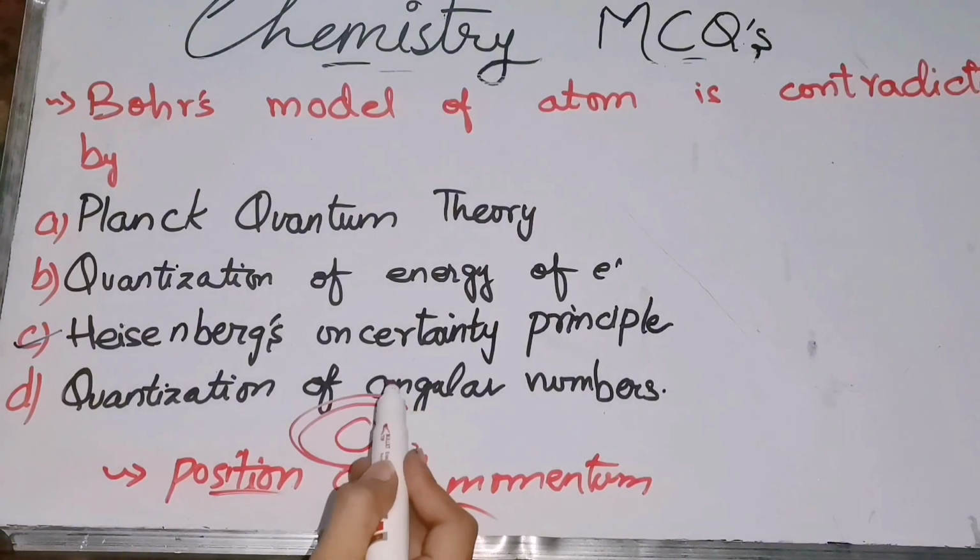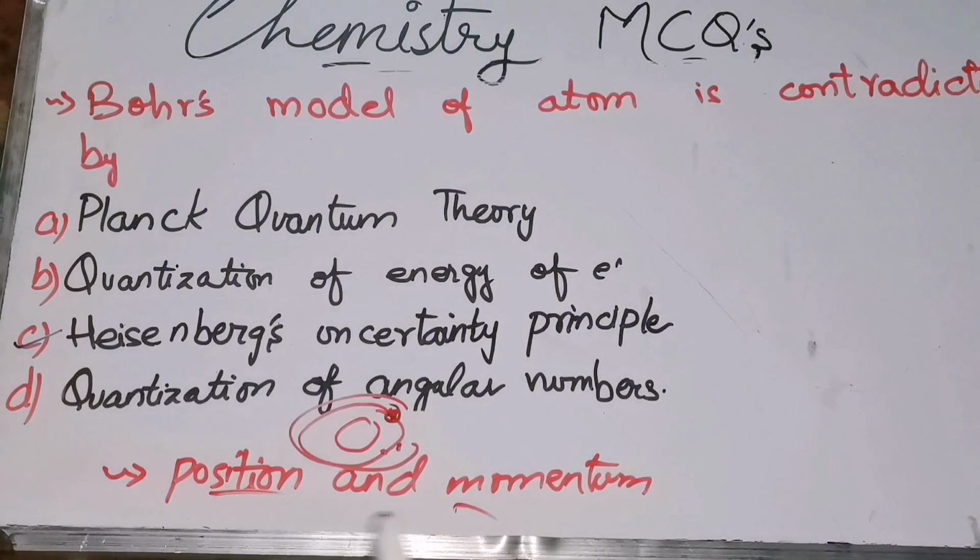But according to the Heisenberg uncertainty principle, we cannot know both at a particular time. So the Bohr atomic model is contradicted by Heisenberg's uncertainty principle.